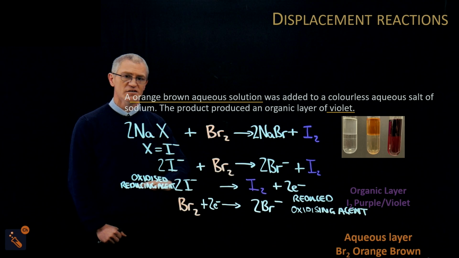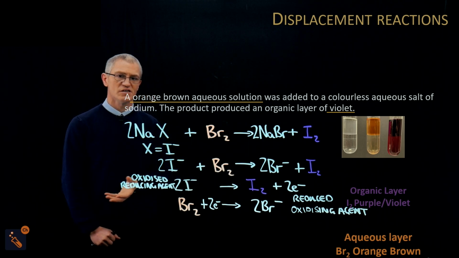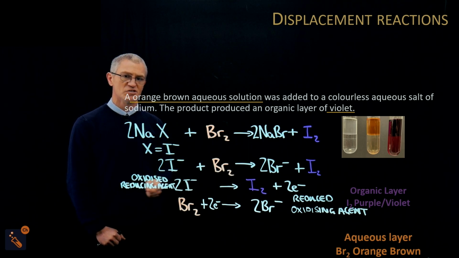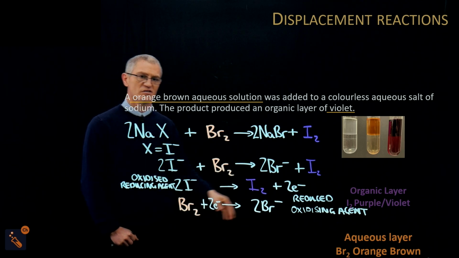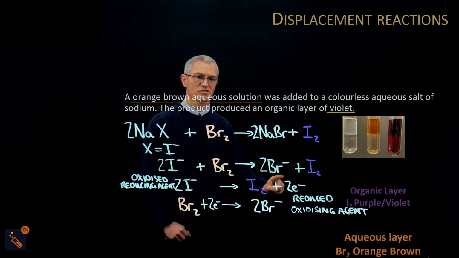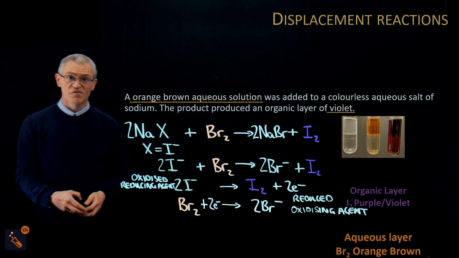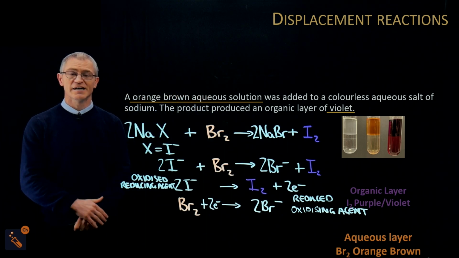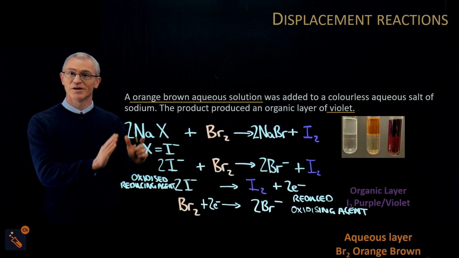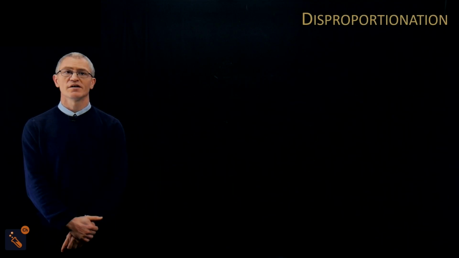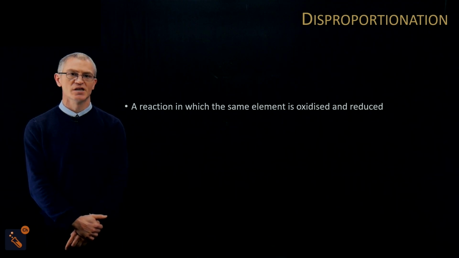We then did our oxidizing agent and reducing agent. So there's our reducing agent because the reducing agent is oxidized, and there's our oxidizing agent because the oxidizing agent is reduced. And you can work that out from just a small bit of writing like that if you just work through it step by step. We are now going to look at a new reaction with halogens called disproportionation.